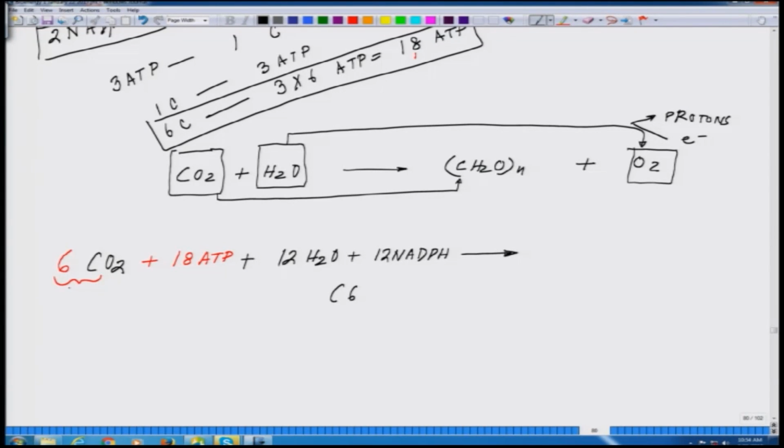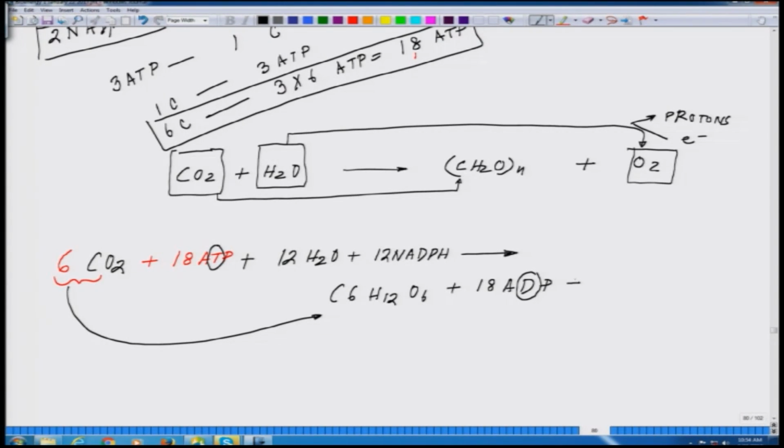and what you are getting out of it is C6H12O6, plus it has donated 18 phosphorus moieties. So we are left with 18 ADP, diphosphate. Here you have the triphosphate, just compare.